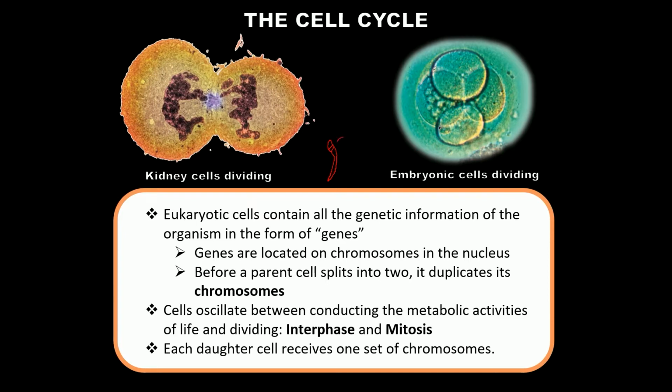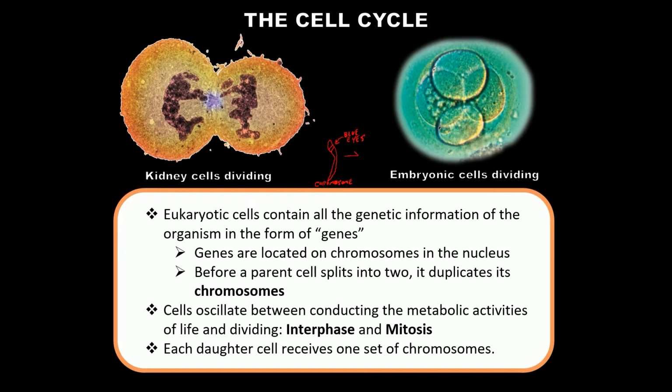Genes are located on the chromosomes, and the chromosomes are of course located inside the nucleus. Before a parent cell splits in two, it's got to duplicate its chromosomes. Okay, so it's going to go from having a single copy of every gene to having two copies of every gene. And it goes from essentially having one leg of every chromosome to having two legs of every chromosome.